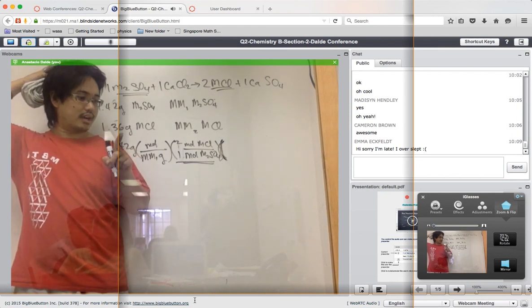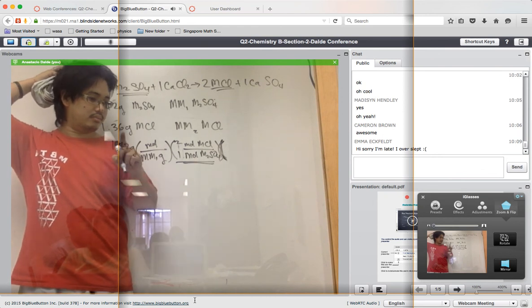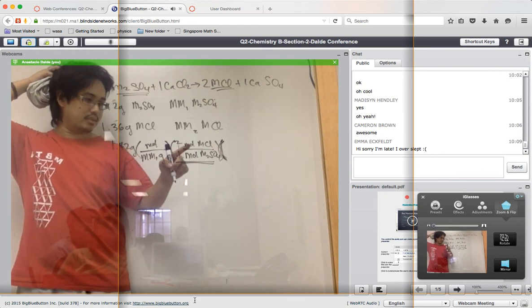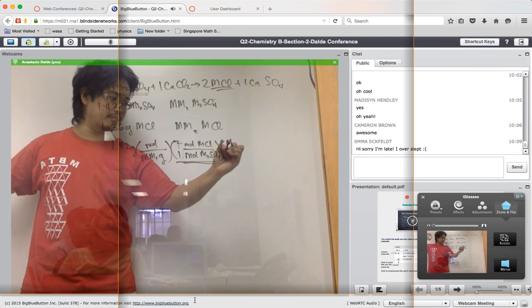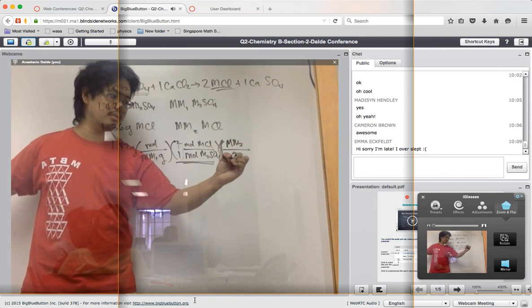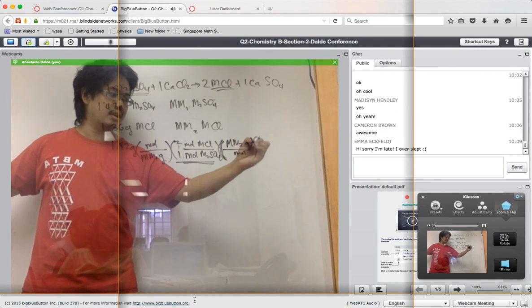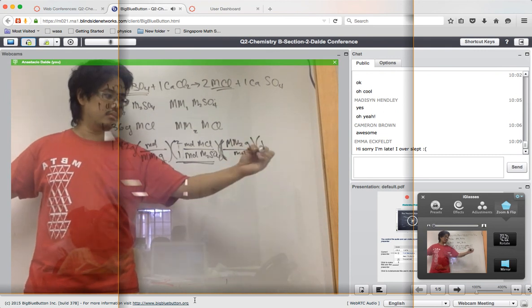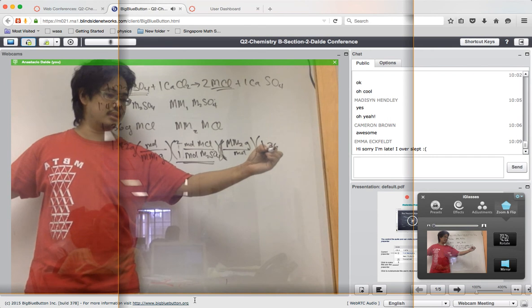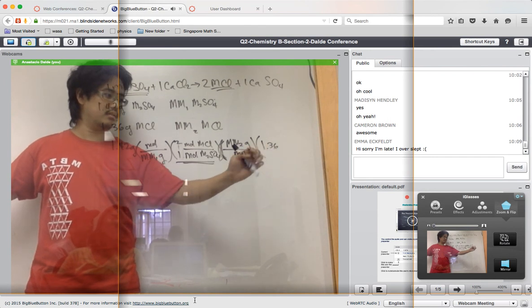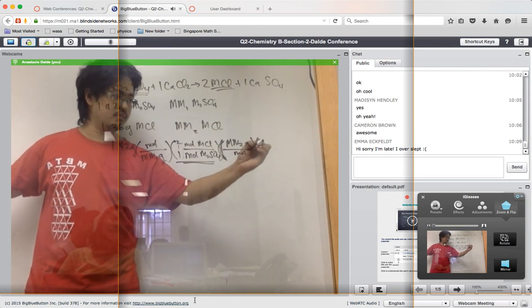So if I have moles here, I want to multiply by the molar mass of M2SO4, and then that's equal to 1.36 grams.